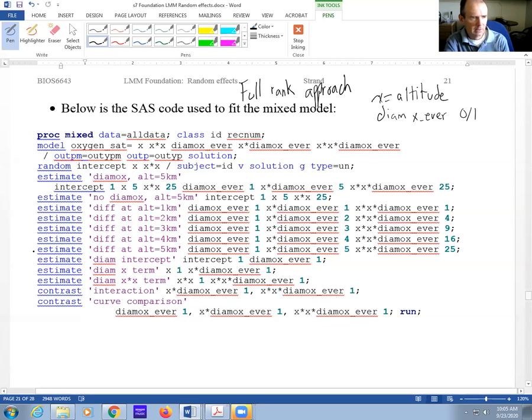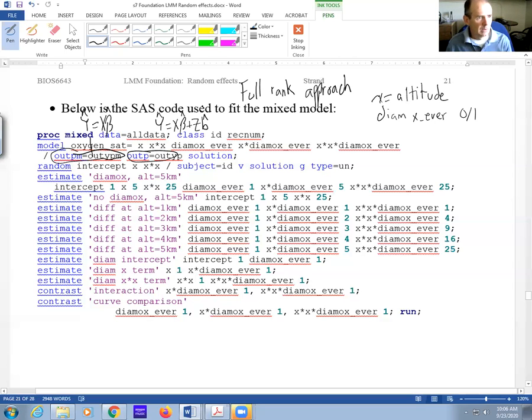And that's what we get with the out P statement. So again, I mentioned this before, but this piece is going to give us our y hat equals x beta hat. And this one is going to give us our y hat equals x beta plus Zγ.